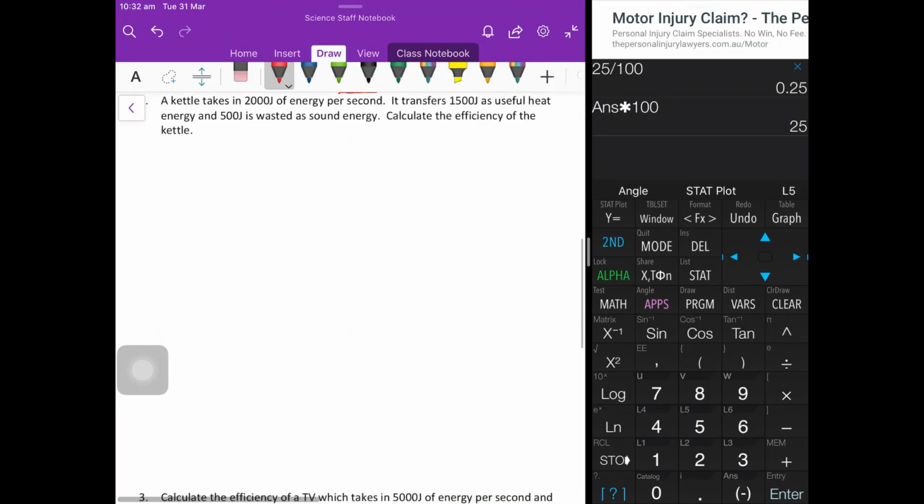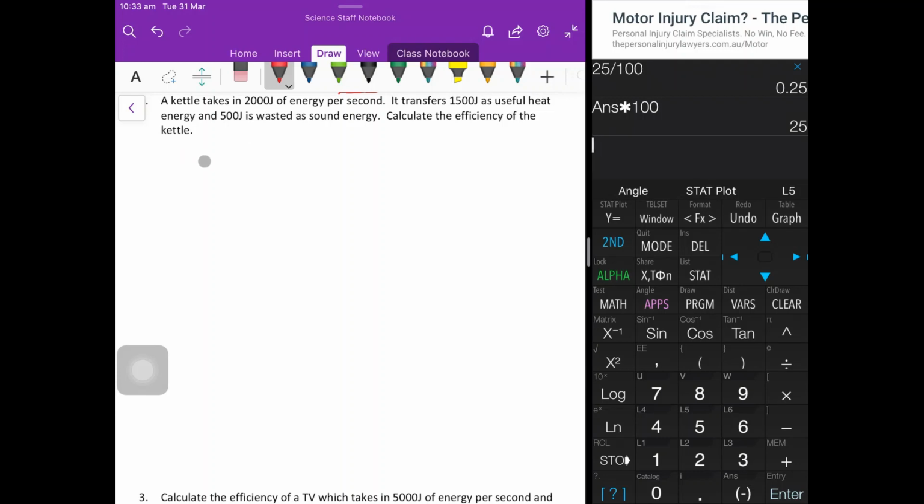So this one here talks about a kettle. It says a kettle takes in 2000 joules of energy per second. It transfers 1500 joules as useful heat energy, and 500 joules is wasted as sound energy. Calculate the efficiency of the kettle. Okay, let's have a go at this one.